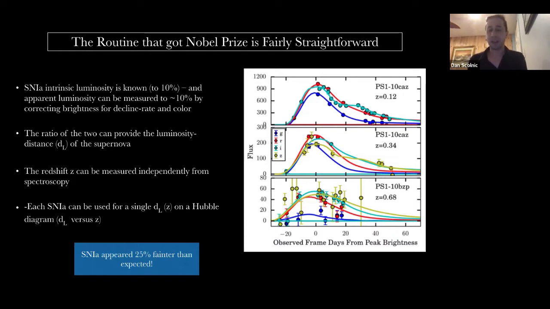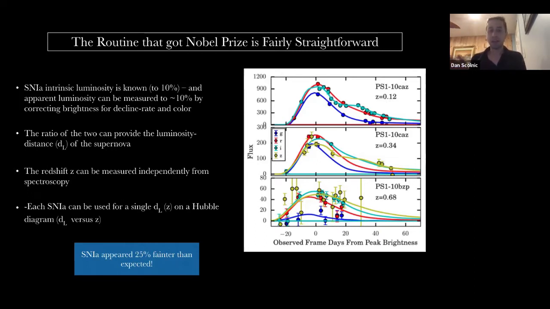I try to measure the width of the light curves, the peak of the light curves, and the relative fluxes between the different bands to get a color. From those three measurements, you can do some kind of standardization that is still getting a lot of new work, and you can get a distance modulus.